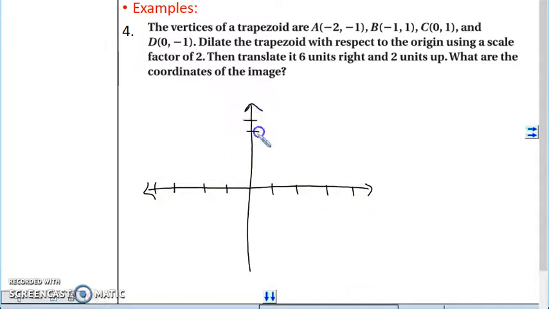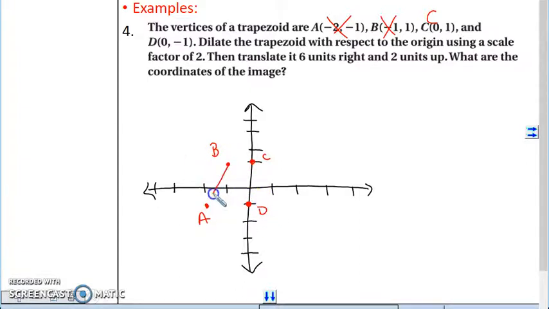Gotta draw my coordinate grid. All right, I'm going by ones in my coordinate grid. So A's image is negative 2, 1, 2, negative 1, A. B, negative 1, up 1, B. C, 0, 1, and D, 0, negative 1.